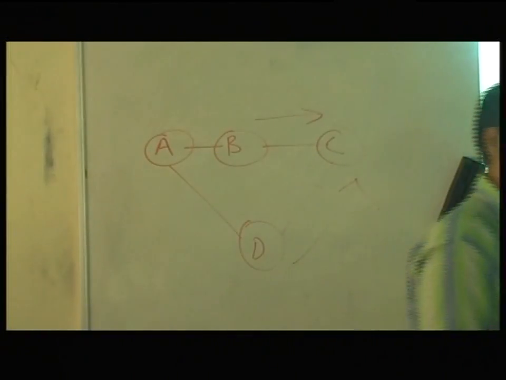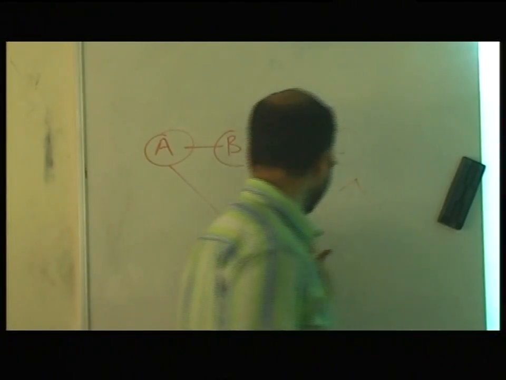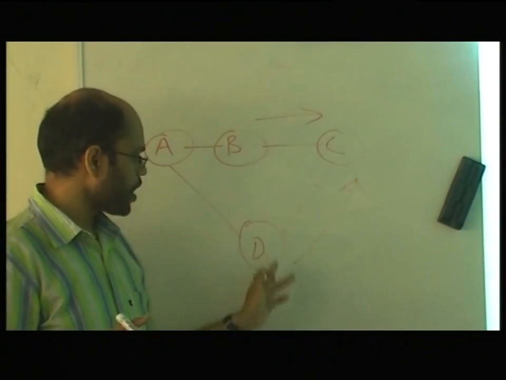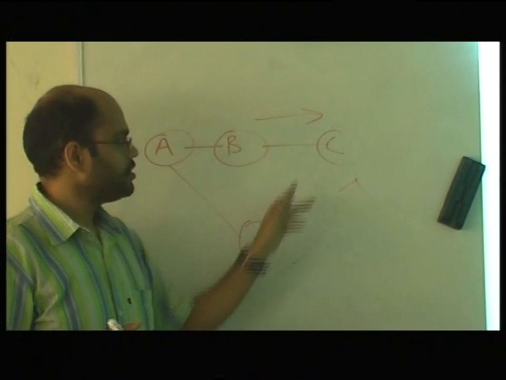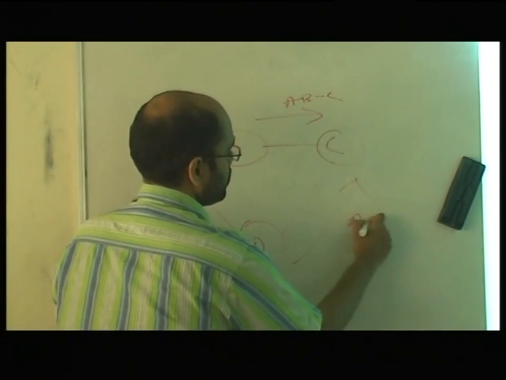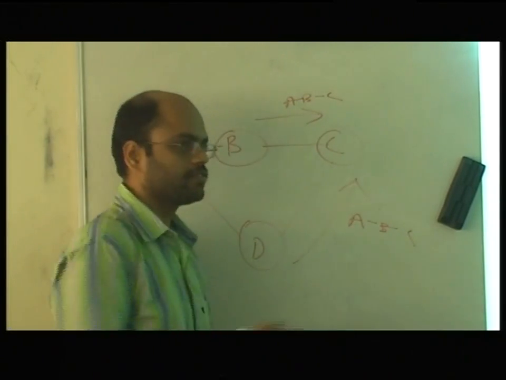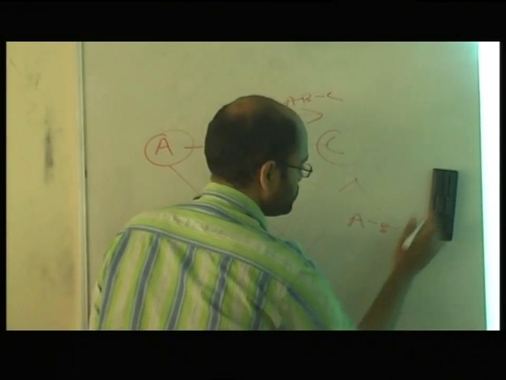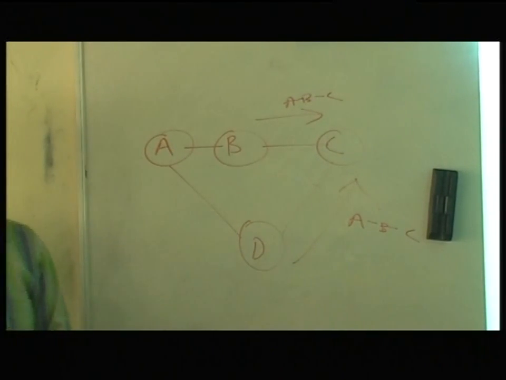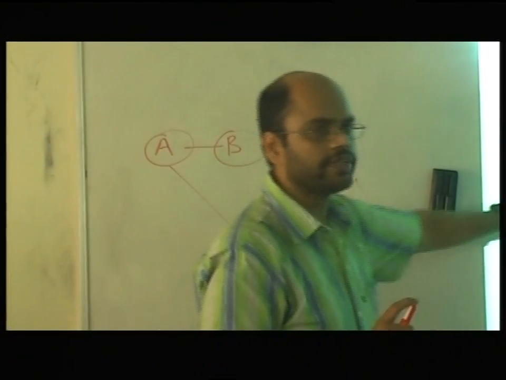Whenever it receives a message, it floods. So D will eventually learn that A is connected to B and B is connected to C, and vice versa. C is getting the same information here: A, B, C. So using the standard link state is not a good way to do the link state protocol.